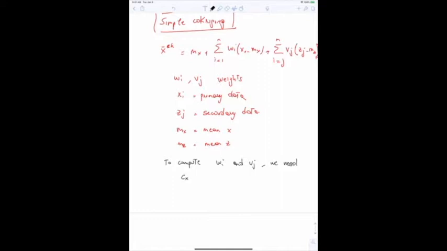I'm going to call it Cx of h. So this is the covariance function of the primary variable. And then Cz of h, which is the covariance function of the secondary variable.